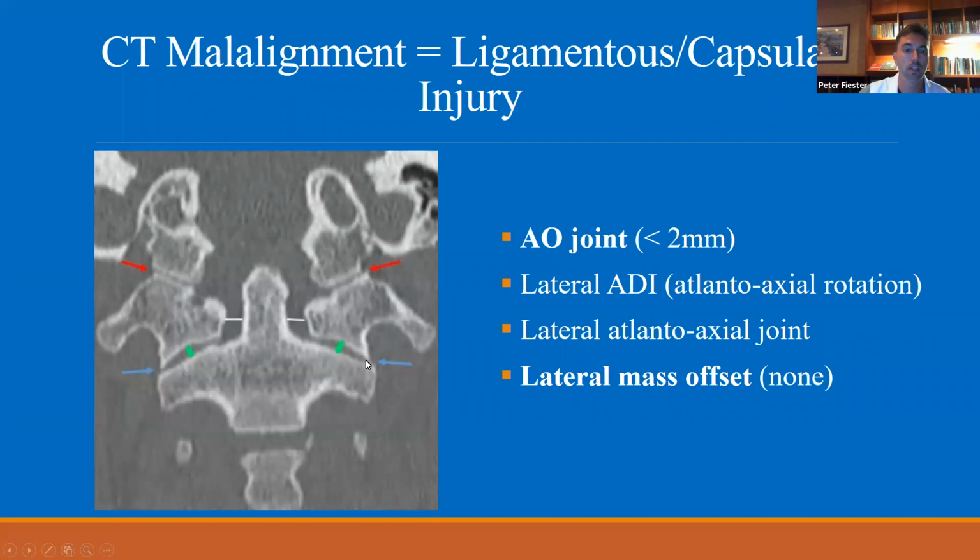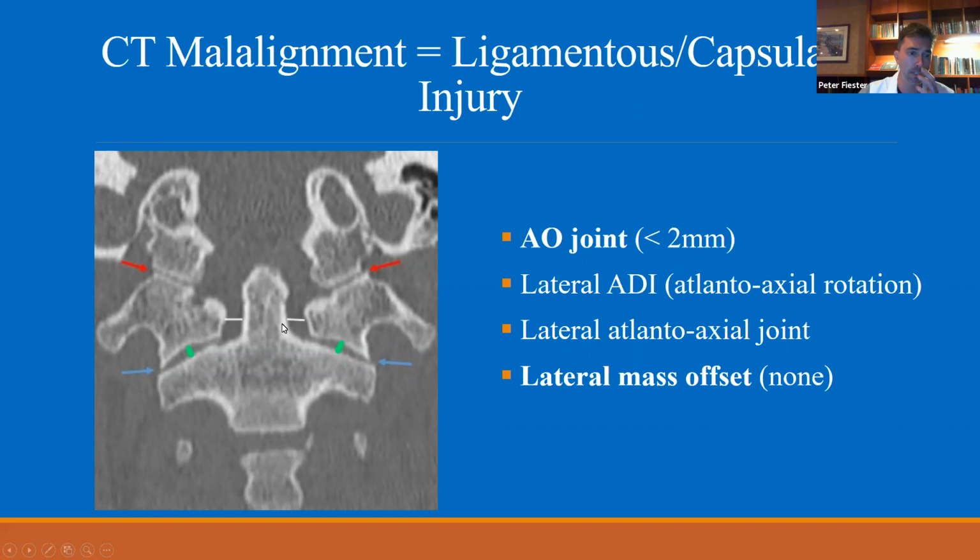Another is the lateral mass offset, which is designated here by the blue arrow. There should be nice congruency between the lateral mass of C1 and the body of C2, and any overhang greater than 1 millimeter or so in an adult is highly suspicious for either a C1 burst fracture or maybe a transverse atlantal ligament tear.